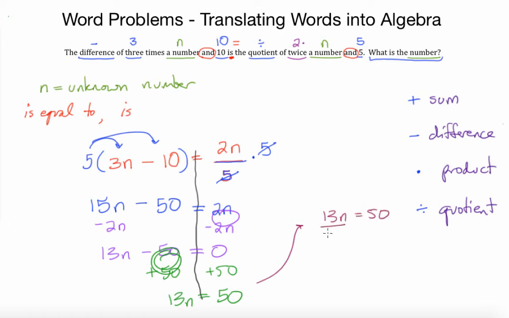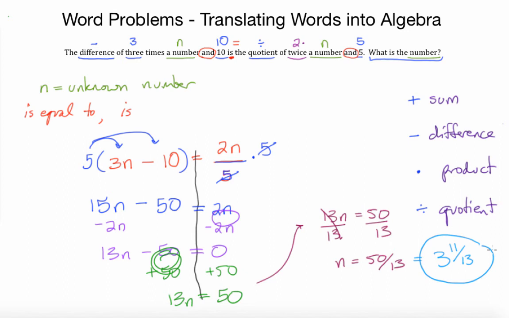I'm going to divide both sides by that 13 to see that n equals 50 thirteenths. I can change that into a mixed number. 13 goes into 50 3 times. 3 times 13 is 39, which means there's 11 left over from the 39 to get the 50. And I'm still dividing by 13. So there's my exact answer. My unknown number should be 3 and 11 thirteenths.